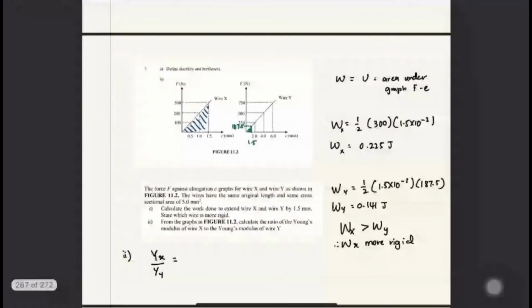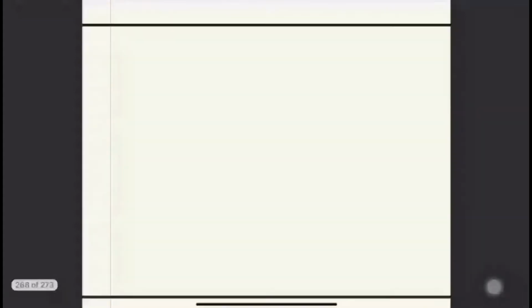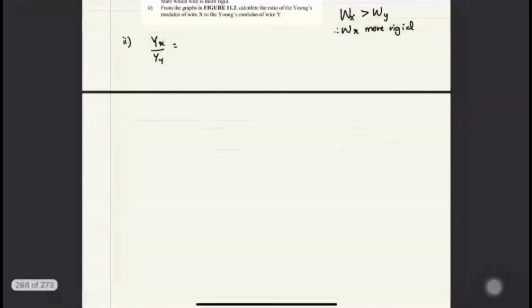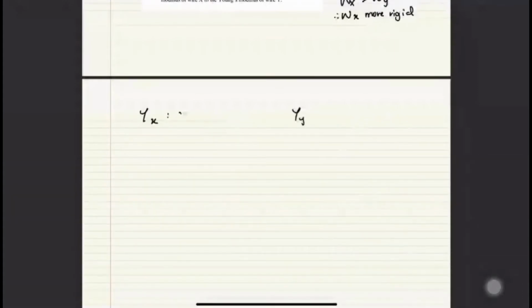So to calculate the Young modulus, maybe I have to do a new page. Okay, yang Fidai buat tu tak salah, sebab basically it's just a ratio, then the answer should be the same. But in case you want to calculate separately, Y into X dengan Y into Y, this one is actually the gradient. Sama macam soalan yang objektif tadi kan. So it's a gradient.